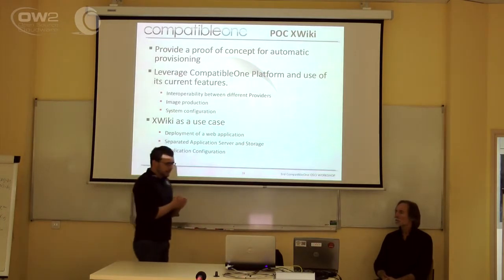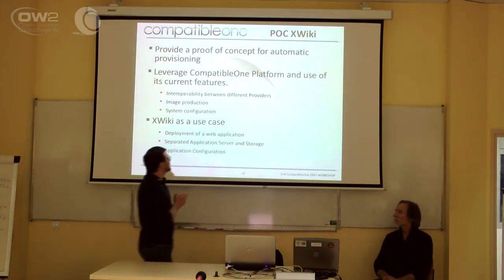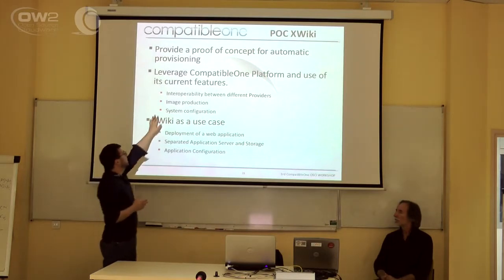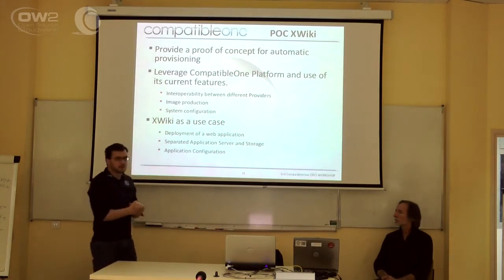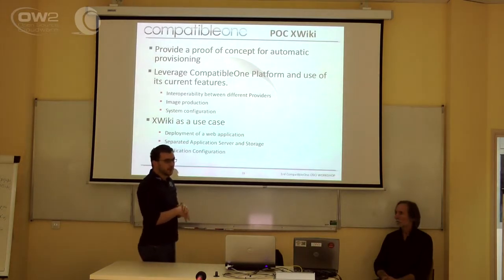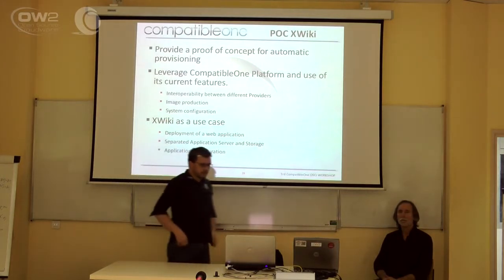What is really nice here, as we will see in the next slides, is the image production system and configuration, because these are two very interesting features of the CompatibleOne platform that allow us to provide users with service components that can be reused in different applications.